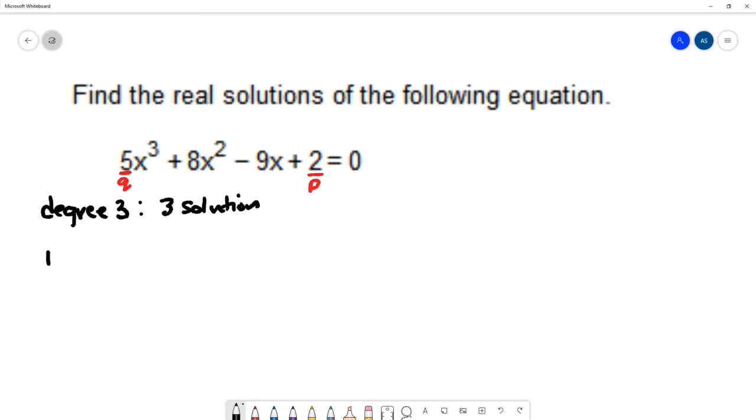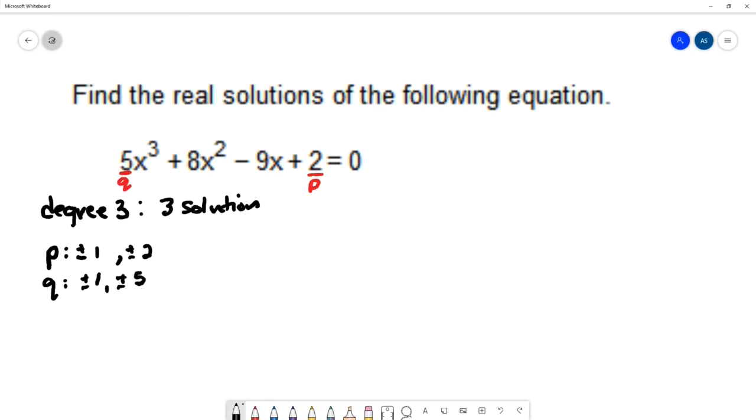So for p, we have factors of 2, and factors of 2 are 2 and 1. Let's write them in order, 1 and 2, and it can be positive or negative. For q, we have a 5, and factors of 5 are going to be 1 and 5.